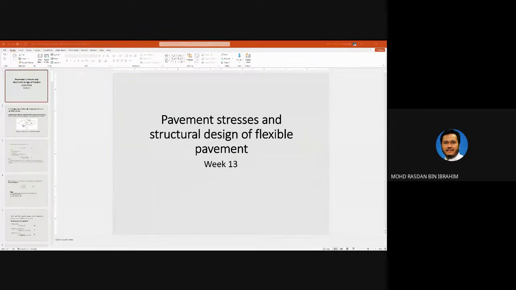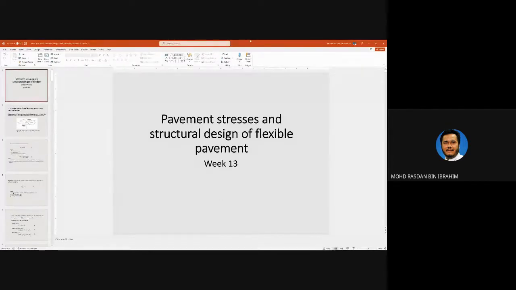Before this, last week, we discussed the optimum binder content of asphalt mixes. We have learned that different types of pavement would require different amounts of optimum binder content.